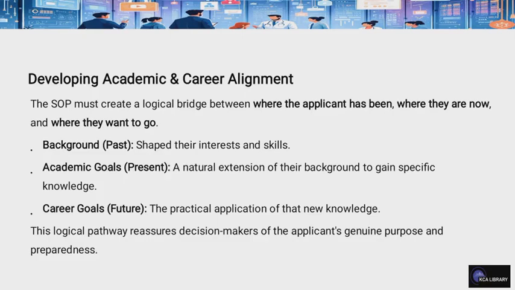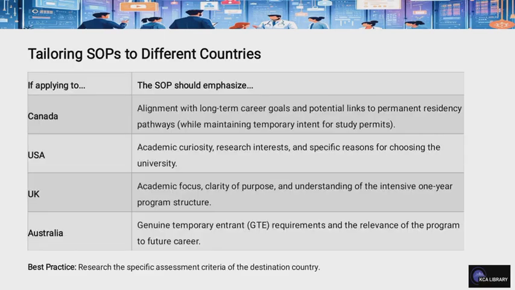And the future is the career goal, which talks about the practical application of that new knowledge. This logical pathway reassures decision makers of the applicant's genuine purpose and preparedness.